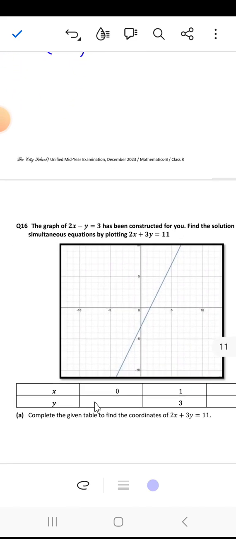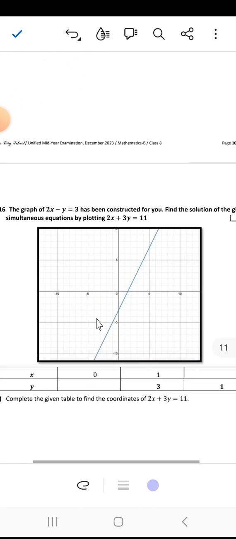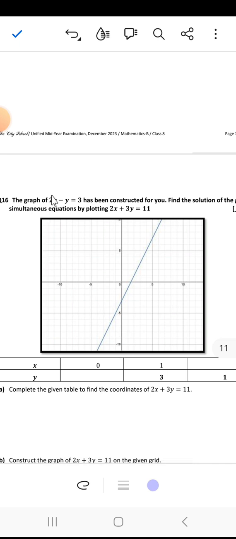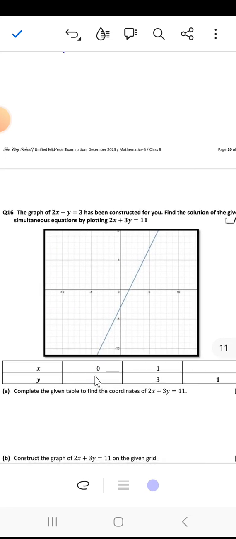So this question is from simultaneous equations. One line is already drawn. I need to solve the second one. In the first step I need to complete this table. For the equation 2x plus 3y is equal to 11, I need to fill this table.